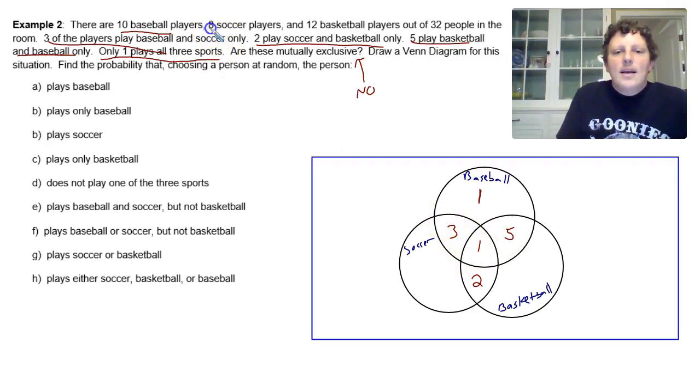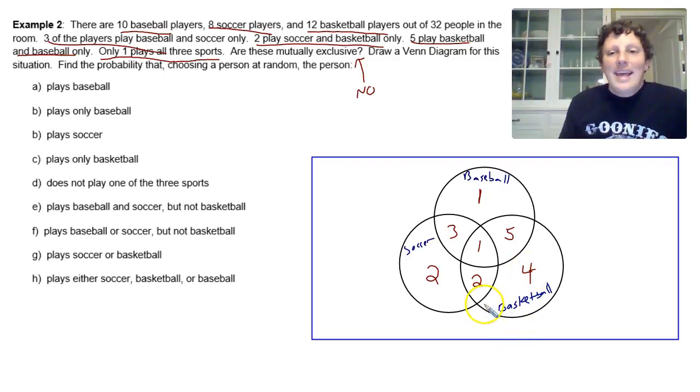Of the 8 soccer players, we've already accounted for 3, 4, 6 of them, so that leaves 2 out here that are not playing any other sport. And of the 12 basketball players, we have accounted for 5, 6, 8 of them. So that leaves 4 basketball players that are only playing basketball.